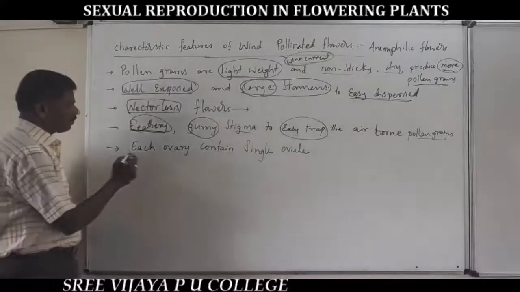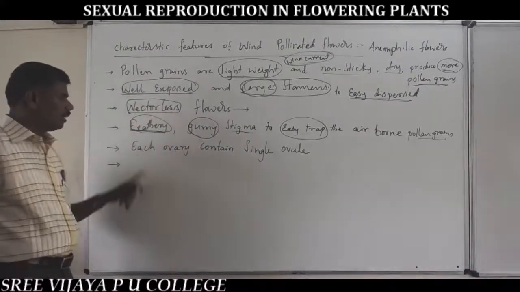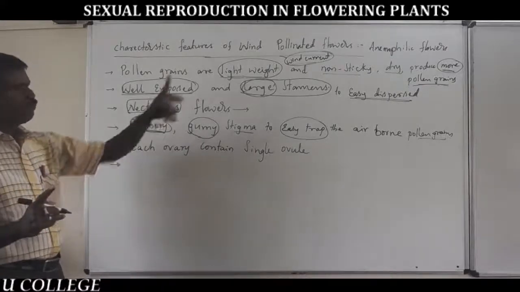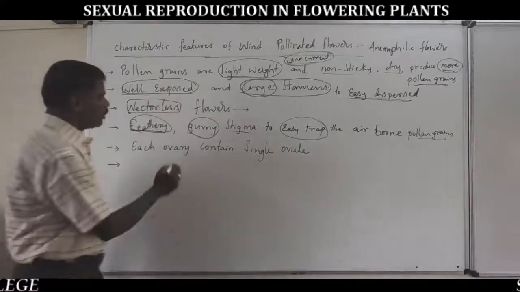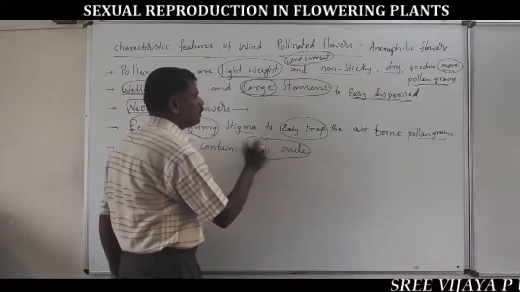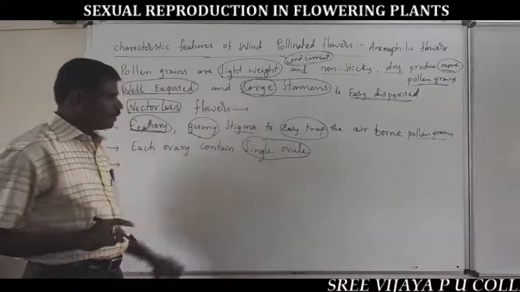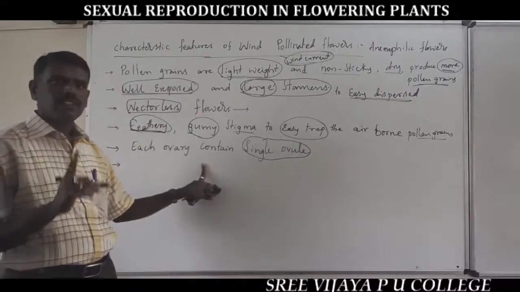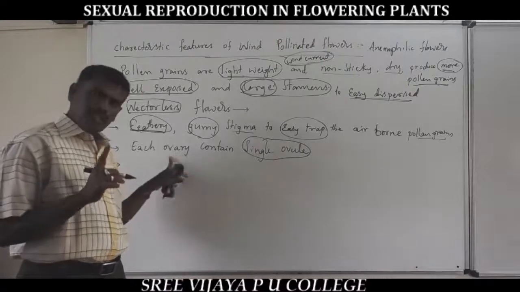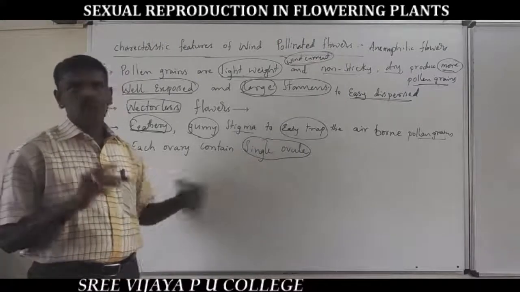Next, the ovary of a wind pollinated flower contains a single ovule. Each ovary contains only one ovule.